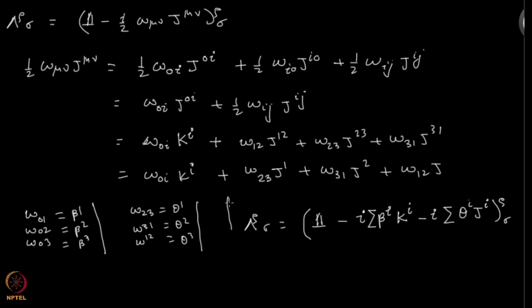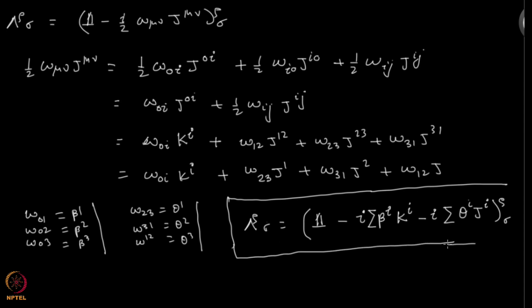Okay, so this is the most general form of any Lorentz transformation which belongs to the proper orthochronous part of all Lorentz transformations. Okay, and any other Lorentz transformation can be built by multiplying this with a parity operator or time reversal operator or a product of those. Okay, and right now all betas and thetas are infinitesimal parameters.